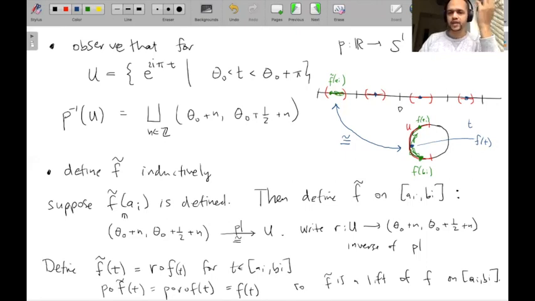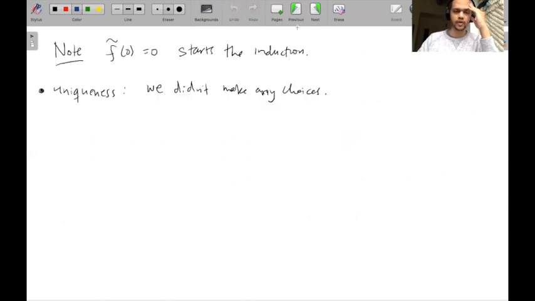But ultimately, the map has to be continuous. So if you've already defined the lift for points near t, then there's really no choice for how to extend it to t. So this is a rough explanation for why you should believe the uniqueness. Okay, and then that's the proof.